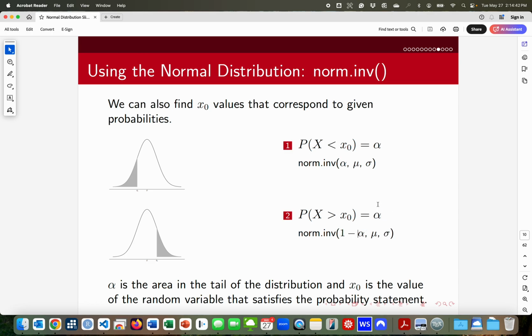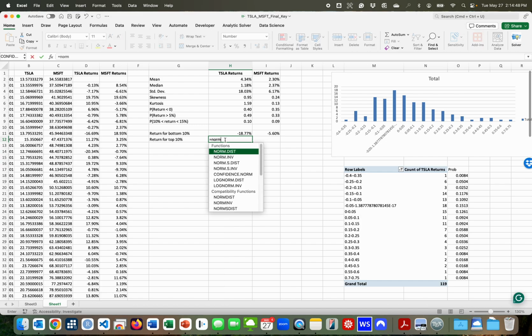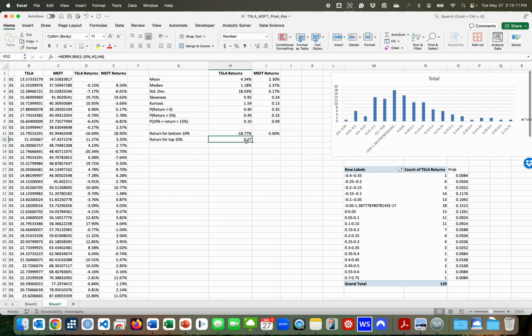So if we want to find the value that represents the top 10%, we have to do norm.inverse of 1 minus 10% with a mean of H2, standard deviation of H4. And this will give us the return such that the probability of being greater than that is 0.1, less than that is 0.9. But those are equivalent statements.